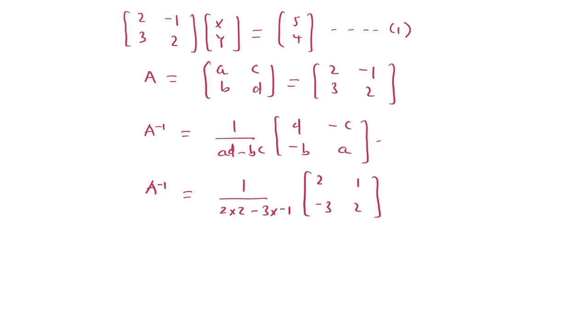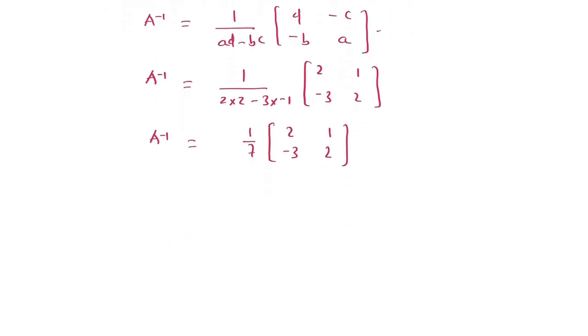Solving this, we have A inverse equals 1 over 7 times matrix 2, negative 3, 1, 2. Next, let us multiply this matrix on both sides into our equation number 1.